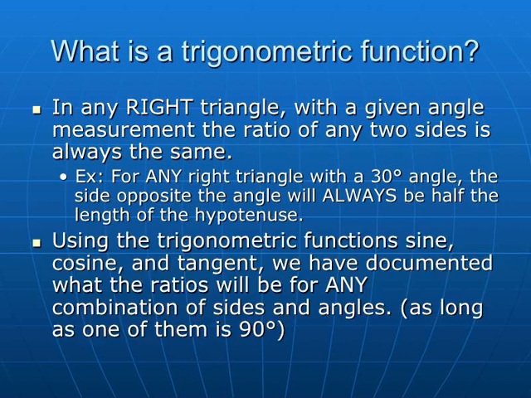Essentially what we've done is they go through and they've cataloged, if you have this angle, because we just said if you know what the angle is, you know that it's always going to be the same. The ratio is always the same if the angle is the same, right? So if you have a 30-degree angle, then I'll always know what the ratio of the sides is.